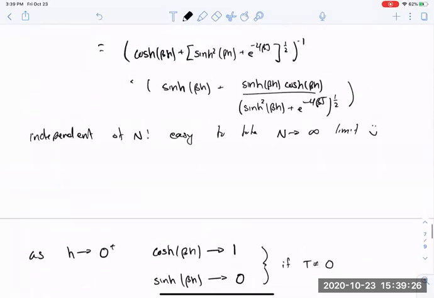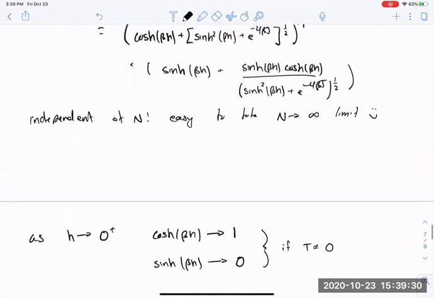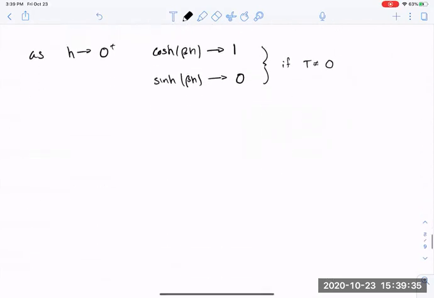So cosh goes to 1. All that matters is that both of these, so let's maybe for completeness rewrite this average magnetization.